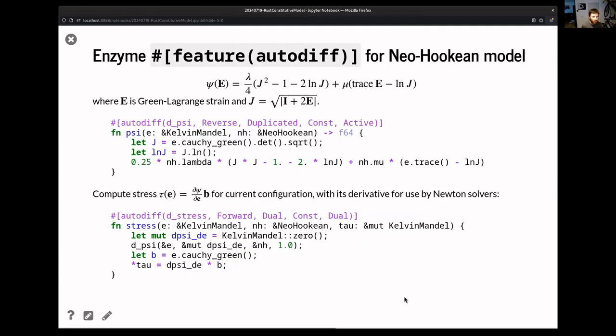So our approach is using Enzyme and Diman. I'll get to Diman in a second. Enzyme in Rust is available through this feature autodiff. Right now, that's not merged upstream, but we're in the process. A sample free energy function here is this psi of E, where E is a Green-Lagrange strain.